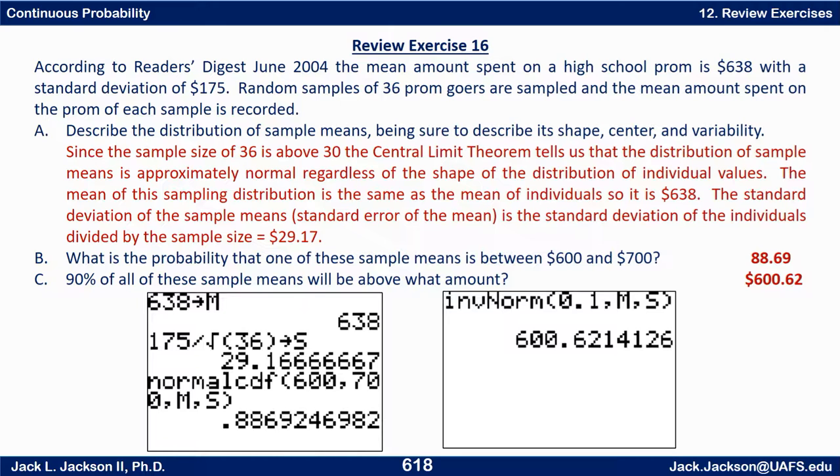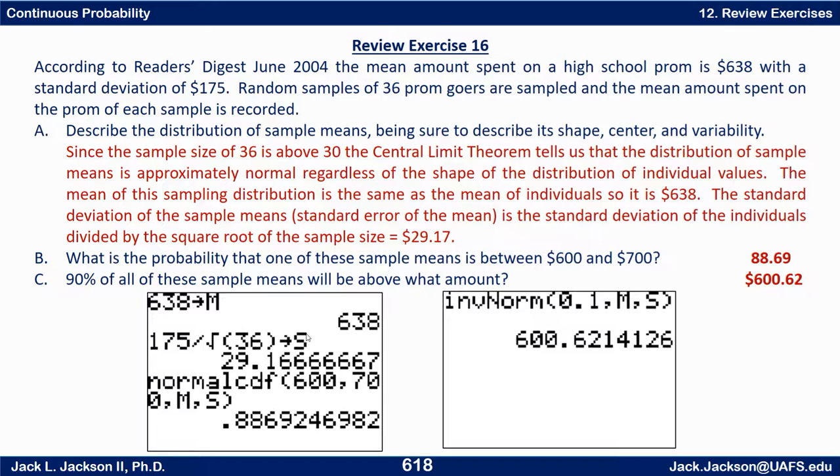The standard deviation of sample means, also known as the standard error of the mean, is the standard deviation of the individuals divided by the square root of the sample size. So what I do here a lot of times is I'll just take the mean, 638, store it as m, and the standard deviation: I want to take the 175 and divide it by the square root of the sample size, so it's 175 divided by the square root of 36.